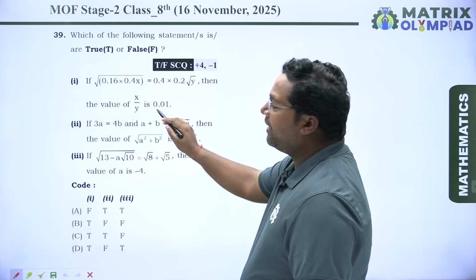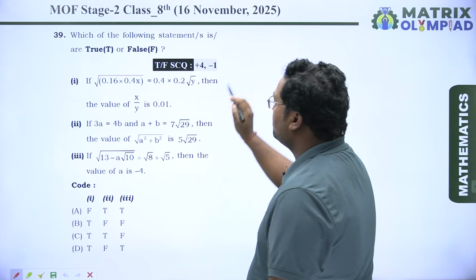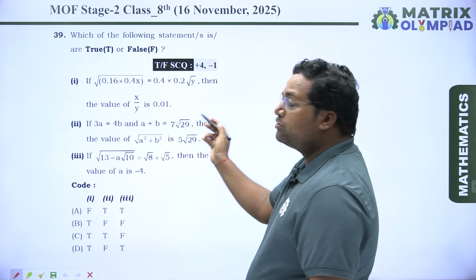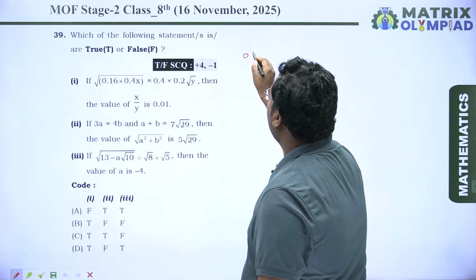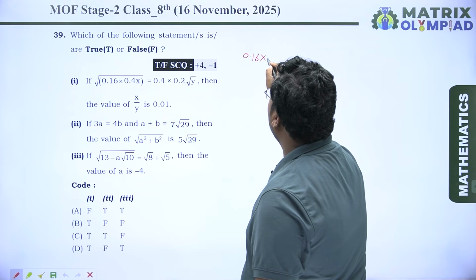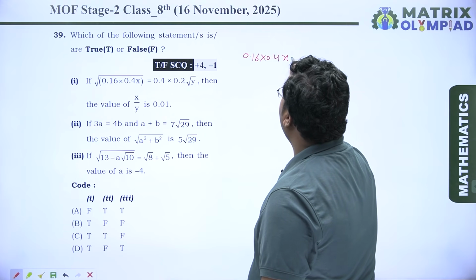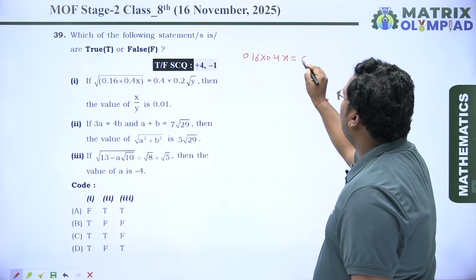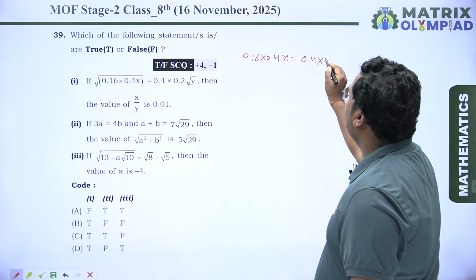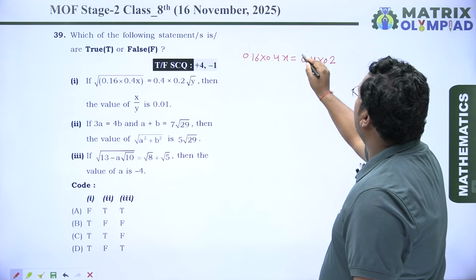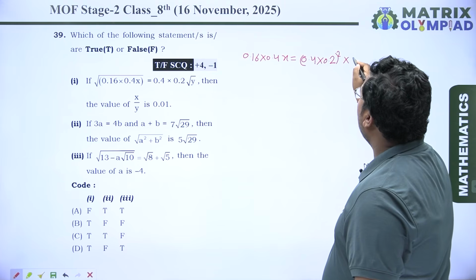So first of all, we have to do squaring on both sides. So when we do squaring on both sides, we will get 0.16 into 0.4x equal to 0.4 into 0.2 square into y.